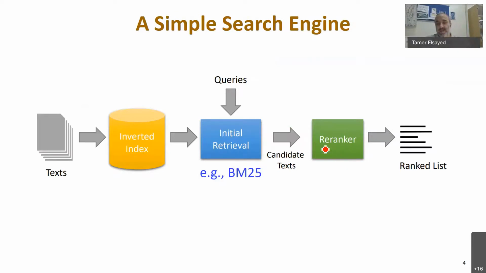The reason we say re-ranking is that we already have a ranked list from here, but this ranked list is based on BM25, which is lexical matching. It's best matching or exact matching, like word overlap, as you know. So it's not semantic matching. After we get this candidate list, we need to do re-ranking to get the final ranked list.